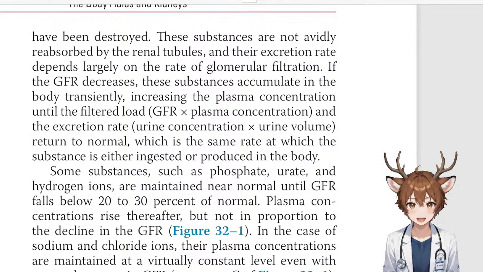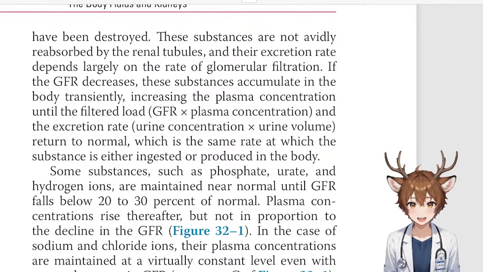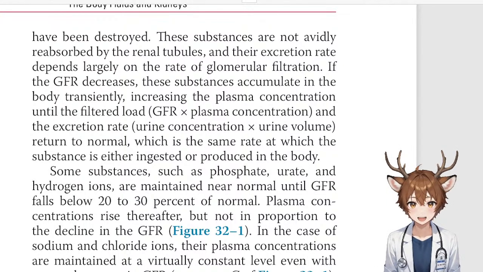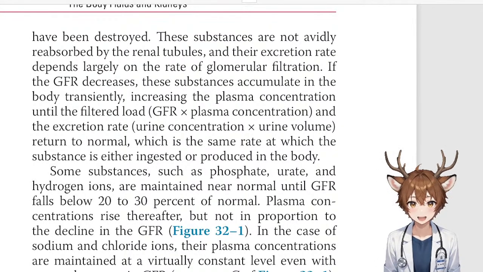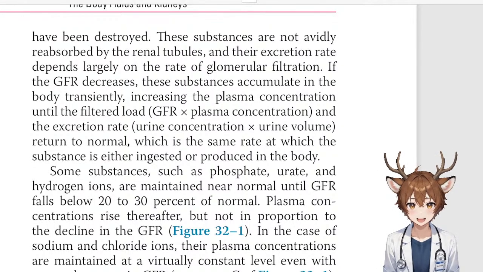If the GFR decreases, these substances accumulate in the body transiently, increasing the plasma concentration until the filtered load (GFR times plasma concentration) and the excretion rate (urine concentration times urine volume) return to normal, which is the same rate at which the substance is either ingested or produced in the body. So basically, it creates a new normal for itself when you destroy nephrons.